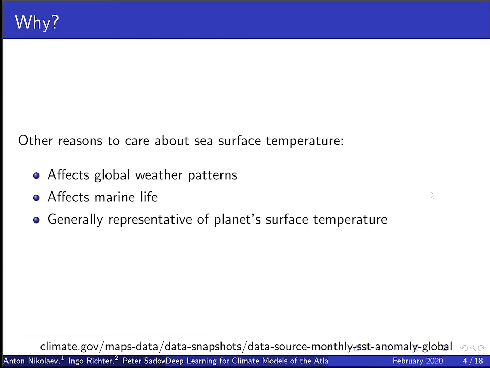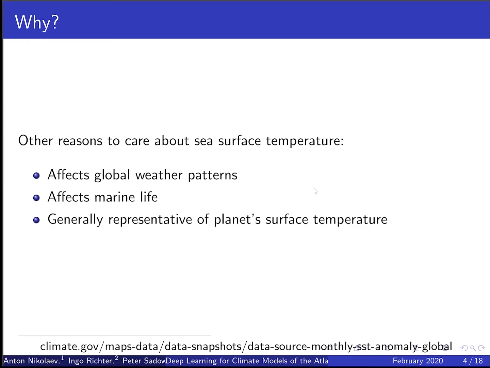If we want to measure the surface and we just measure the sea surface temperature, we're 70% done with measuring the temperature of the surface of the planet. And also, the ocean affects the Arctic and Antarctic ice sheets, which basically work as a cooling system.